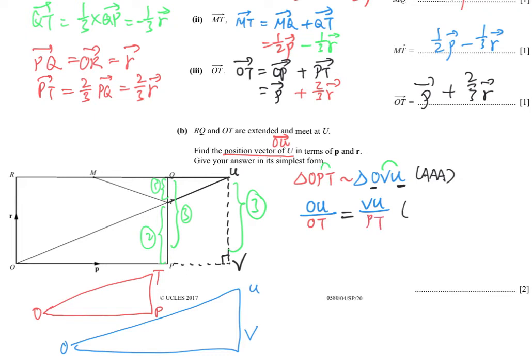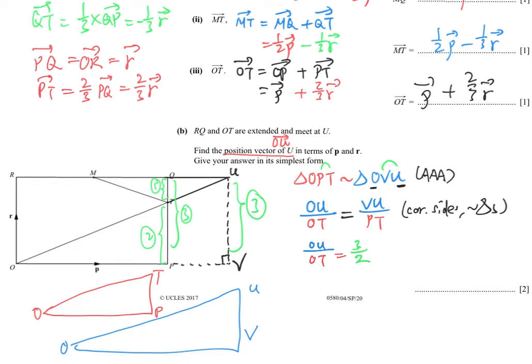For the reason here, I will put the corresponding sides of the similar triangles. And then we can just put the values here. VU will be 3, and PT will be 2. So the ratio is 3 to 2. So OU over OT should be equal to 3 over 2. Okay, so how about we do something more?